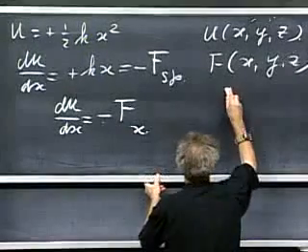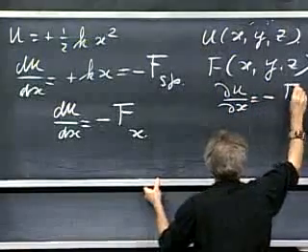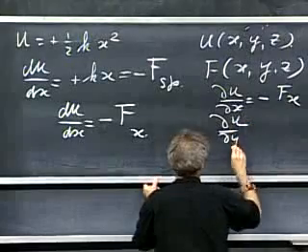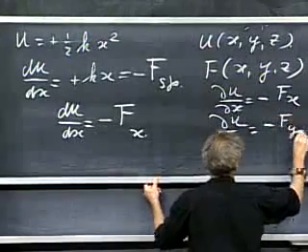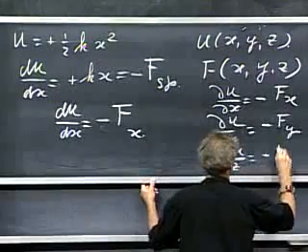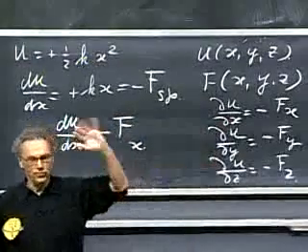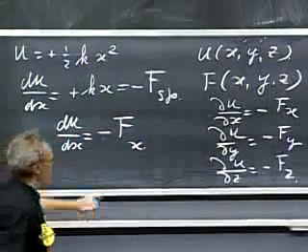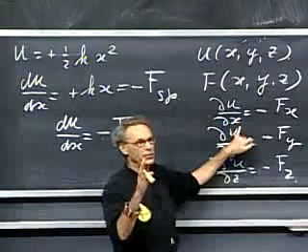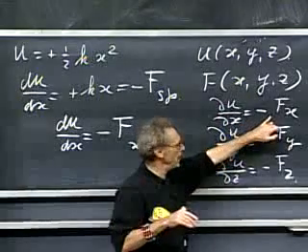You then find that dU/dx equals minus Fx, dU/dy equals minus Fy, and dU/dz equals minus Fz. What does this mean? It means that if you're in three-dimensional space, you move only in the x direction, you keep y and z constant, and the change equals minus Fx.